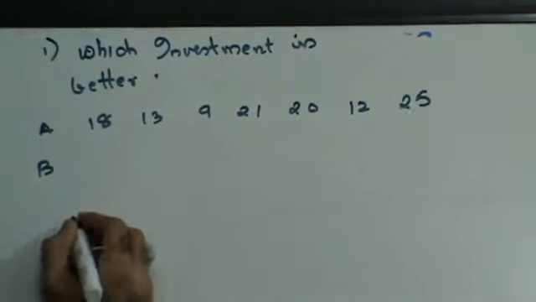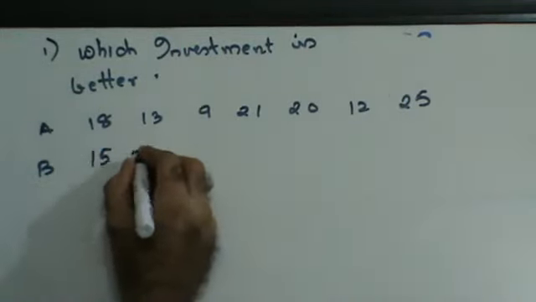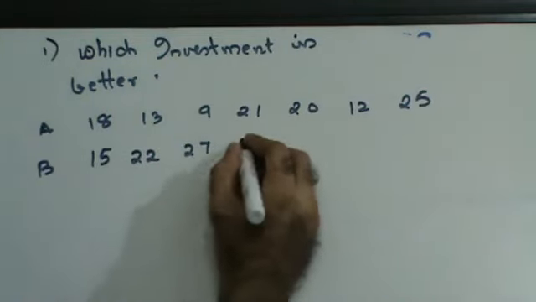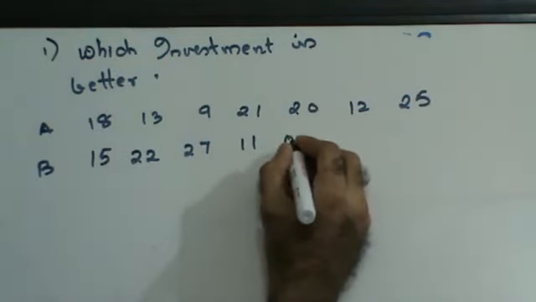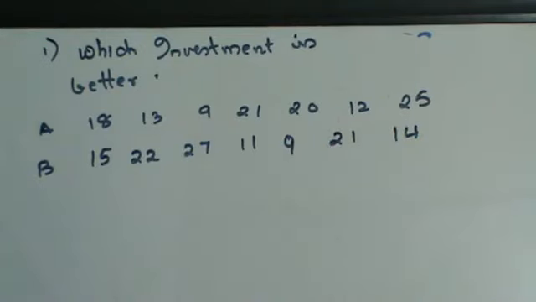These are the percentage returns that you're getting on A. On B you're getting 15, 22, 27, 11, 9, 21 and 14. Fine. These are the two investment plans that you have, and these are the rate of returns that you get on these two investment plans in 7 years. So these are the returns that you will get in the subsequent 7 years.